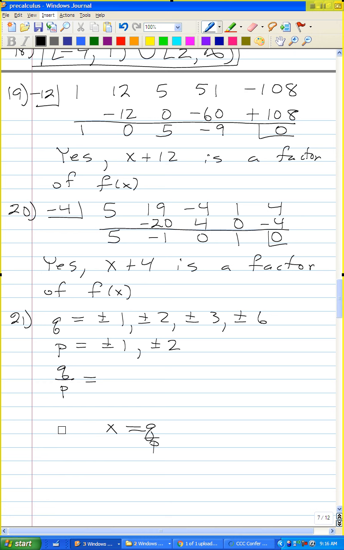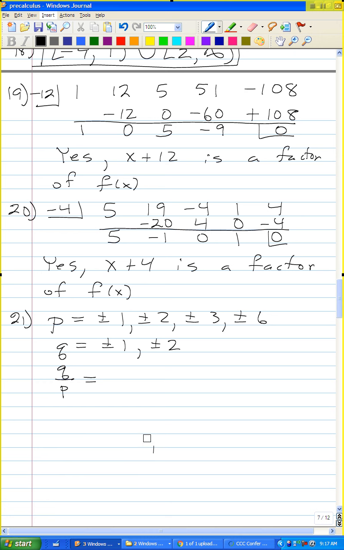So the roots must be of the form q over p, where p was the leading coefficient and q was the constant term. So I labeled those wrong. It's p over q. So p were the factors of 6, and q were the factors of 2.